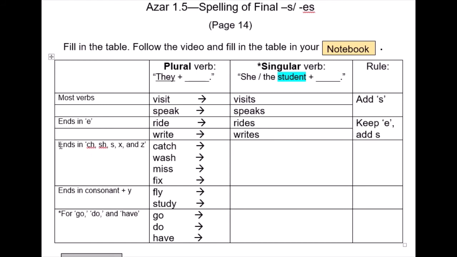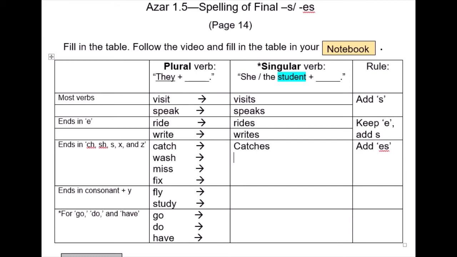So if the verb ends in CH, SH, S, X, or Z, you're going to change it to ES. So, example, catch: they catch, she, the student, she catches.